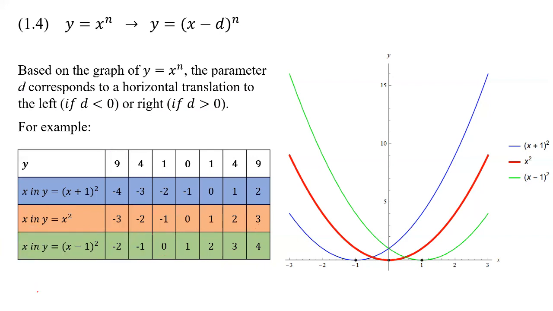Okay, for another example, if the original function is y equals x squared and the new function is y equals x plus 1 squared, we add a 1 to the x here, right? So following the same logic, for the same value of y, if the original value of x is -3, in order to keep the y unchanged, x should become 1 unit lesser, right?